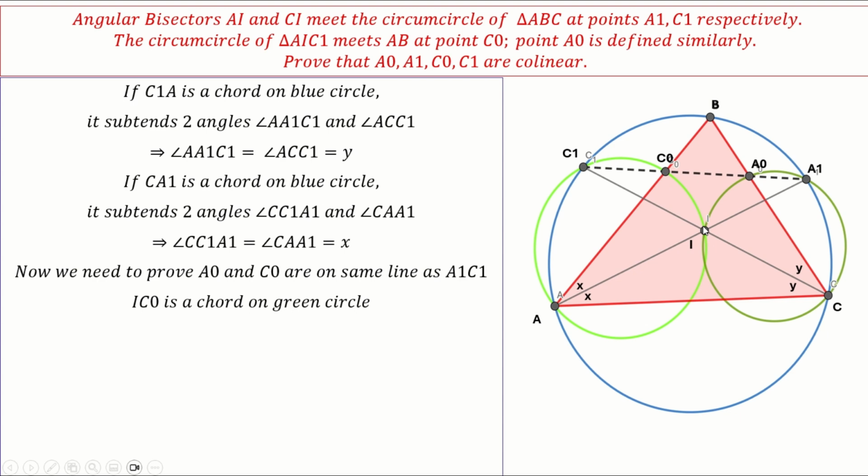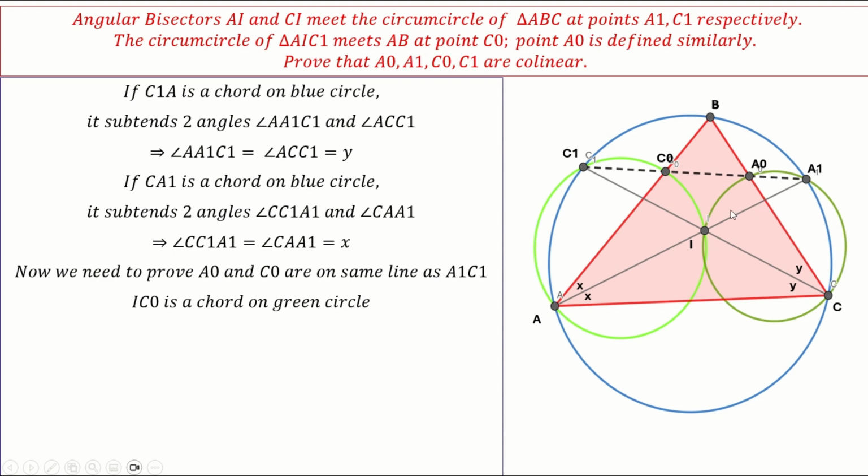This is also angle X. C0AI is angle X. IC1C0 is also X. Which means if this angle is X, C0 definitely lies on C1A1. Correct? Only then you will get this angle X. Because we already proved this is angle X. With this chord also, we are getting the same angle, which means C0 should lie on C1A1.